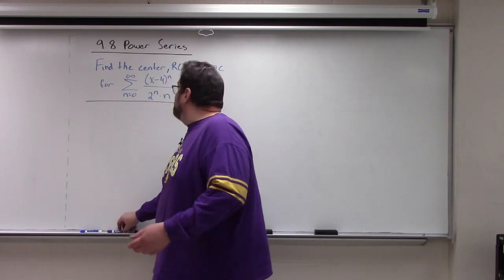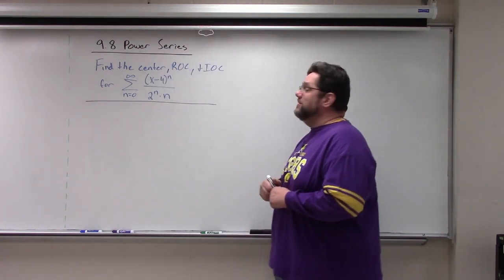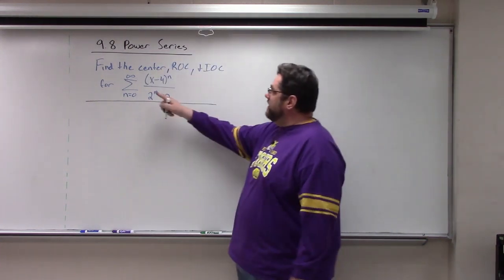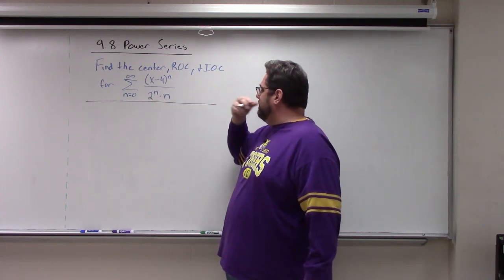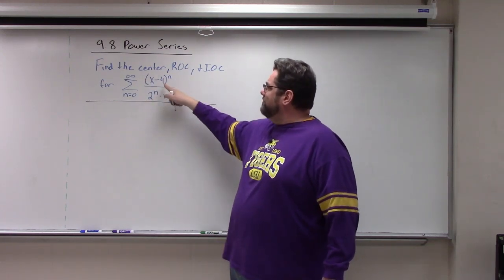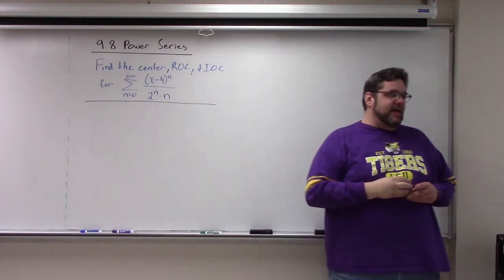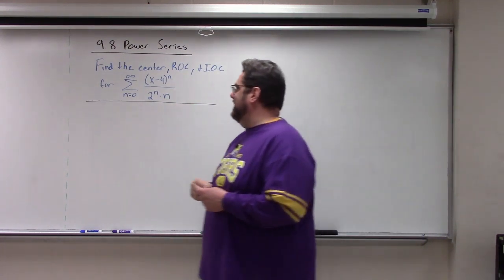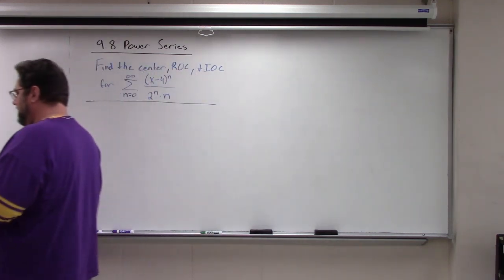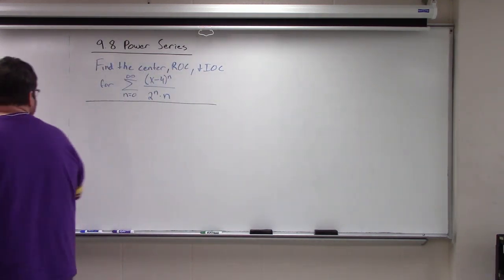All right, so to begin with, let's talk about this power series here. It's the sum from 0 to infinity of (x minus 4) to the n over 2 to the n times n. Now, you might be looking at that and saying there's something wrong with that. And in fact, there is.